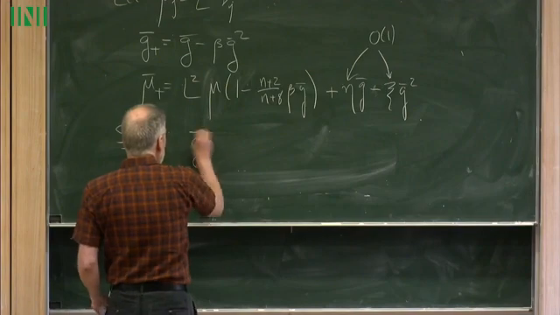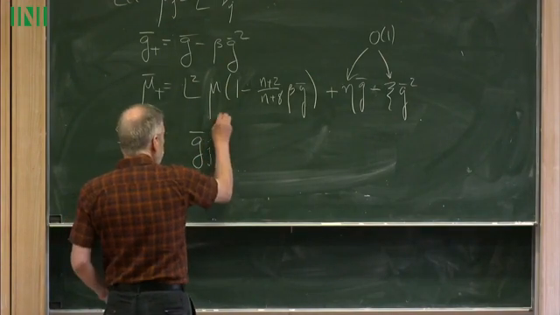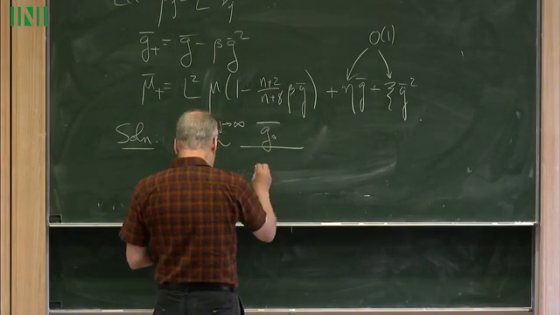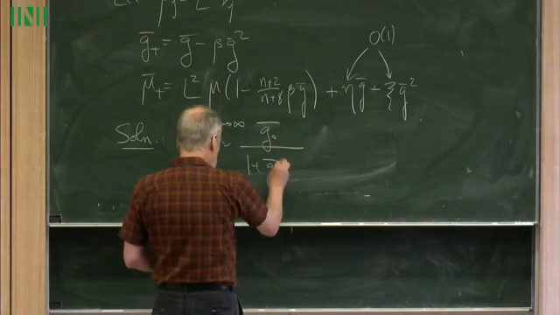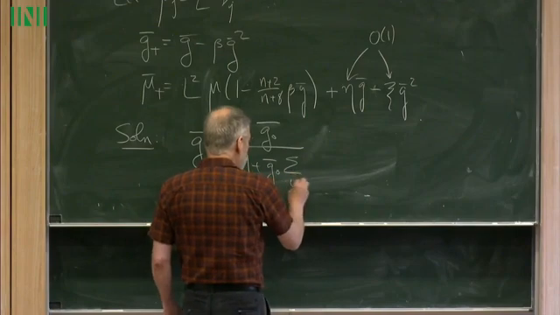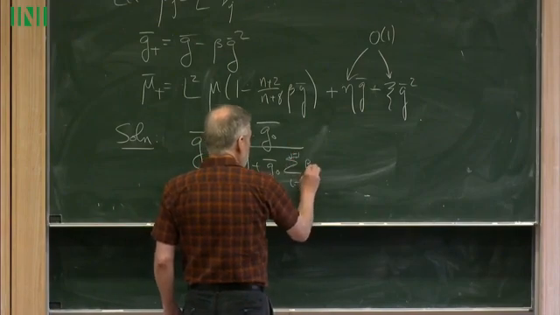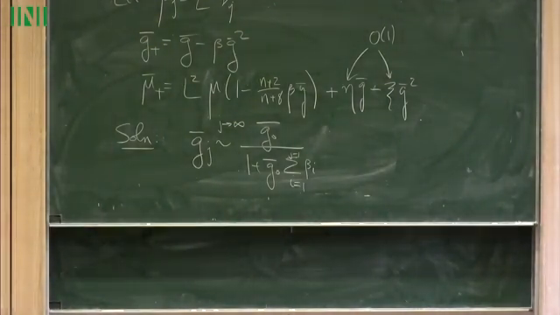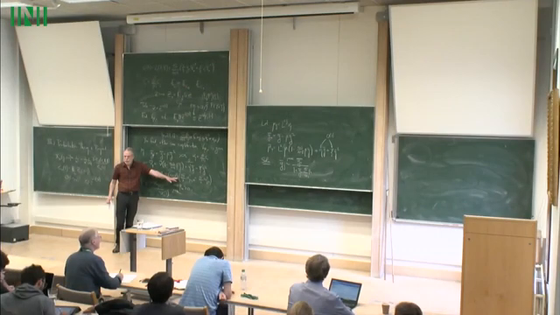And you find that g bar j for large j behaves like g bar 0 divided by 1 plus g bar 0 times the sum i equals 1 up to j minus 1 of beta i. And that beta i is a difference, right? Here's the formula for beta. And so when you do the sum, it's a telescoping sum. And so you just get the last term.